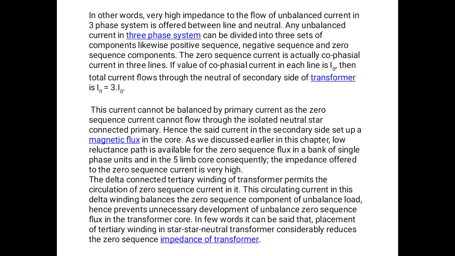Next is the auto transformer. An auto transformer is known as a one winding transformer, so it requires less copper. There is saving of copper in an auto transformer. The size of an auto transformer is also smaller than a two winding transformer, but it is used in low voltage systems and for small variation of voltage.